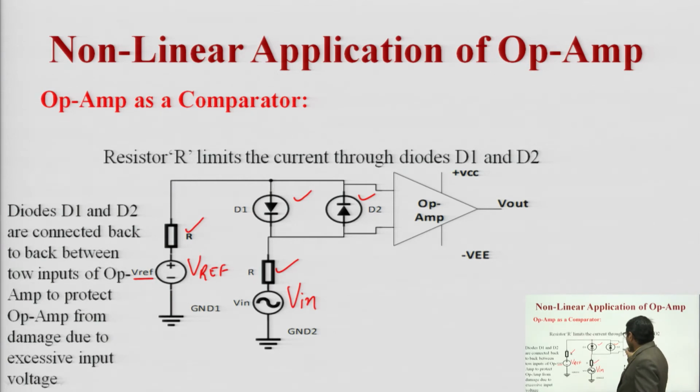Okay. And this is the op-amp device, with positive supply plus VCC and negative supply minus VEE, and V out is the output. This is the diagram for a comparator. Here the diodes D1 and D2 are known as clamp diodes.